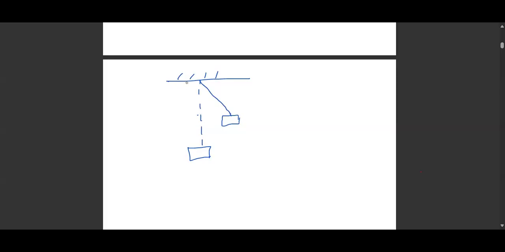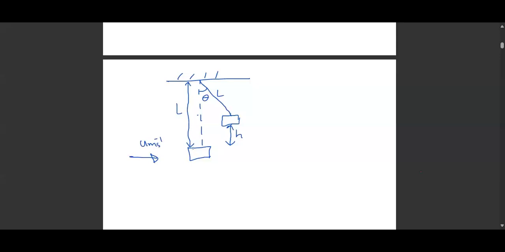Now, the length from here up to here is going to be the length of our string, which will still be the same as here. For this case, our angle of inclination with the vertical is theta. Now, from here, we shall have this height, I'm going to call it h. Now, the bullet comes from this side, and this bullet is having a velocity u meters.